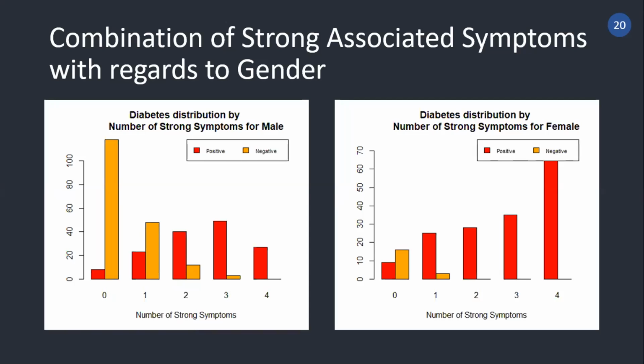When we combine the symptoms together, we can see that when a female has two or more selected symptoms, she is quite certain to have diabetes. But for male, we can conclude that he does not have diabetes when he does not have any of the selected four symptoms.